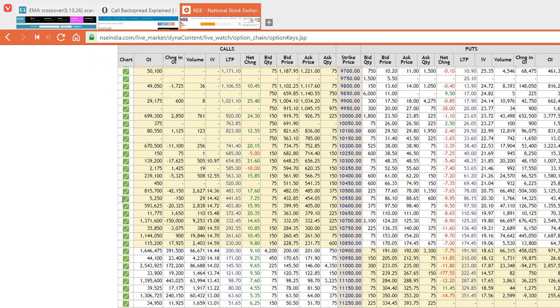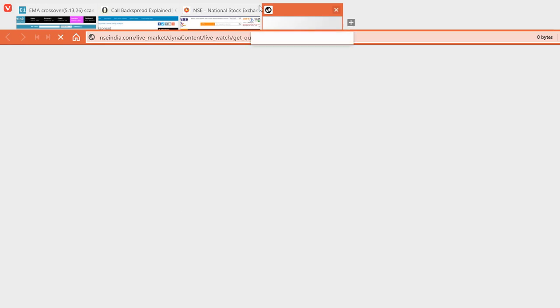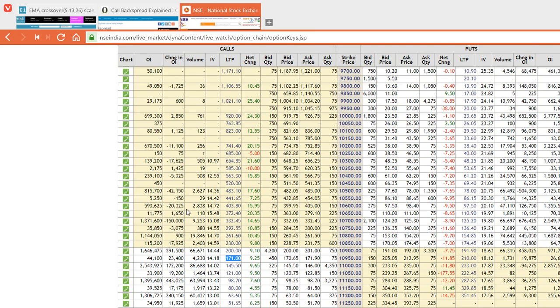You can do it on both sides too. Somewhere here you can sell a put and then buy two lots somewhere here. One additional tip I would like to give here: whenever you buy two out of the money options, their combined price should not be more than the option you're selling.